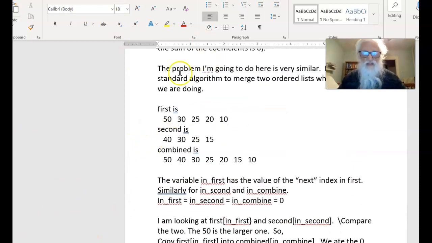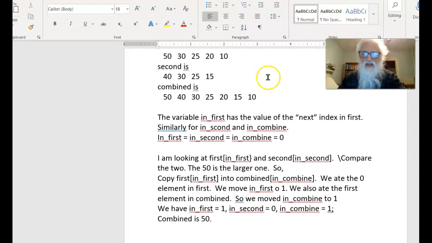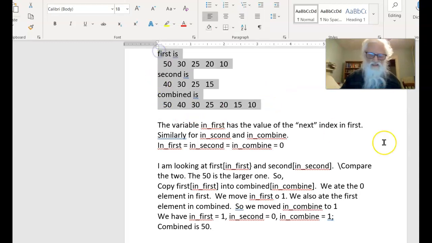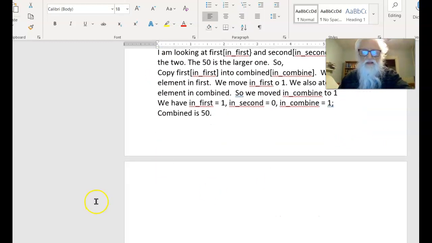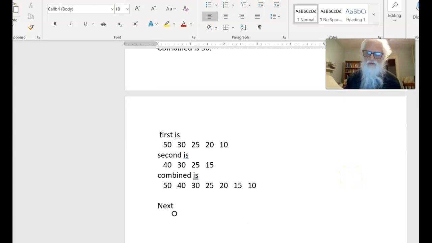Now I'm going to copy these because I want to keep using them down below. So, what do we do next? Next, we do just what we did before. We compare first in first with second in second.